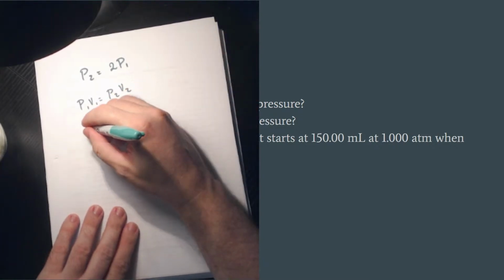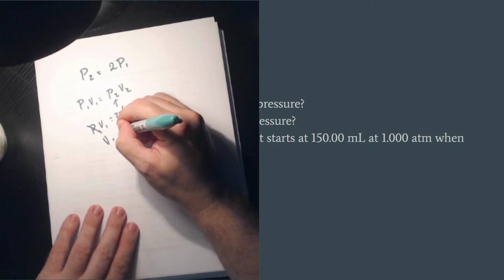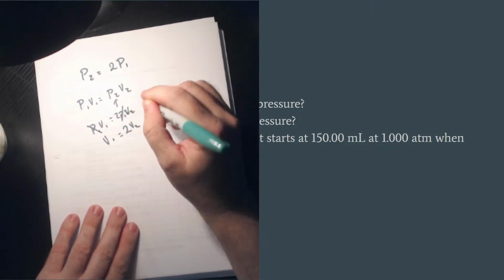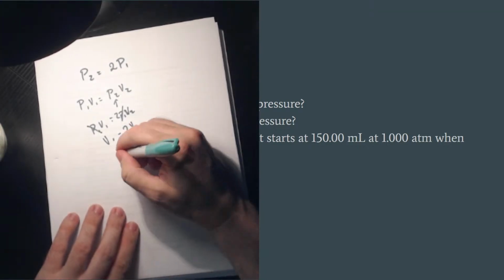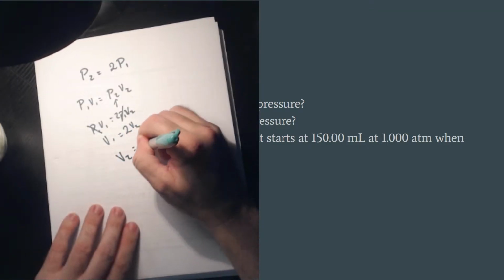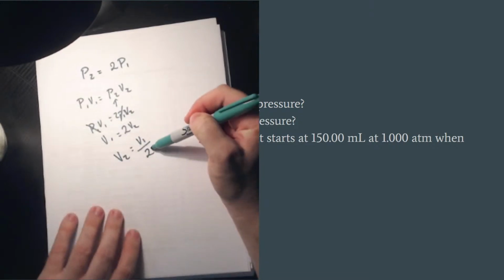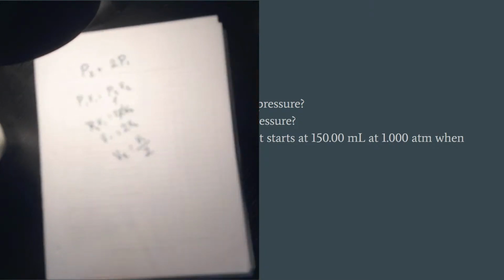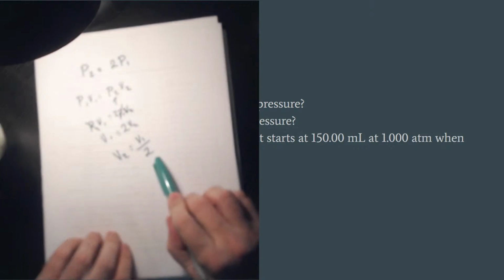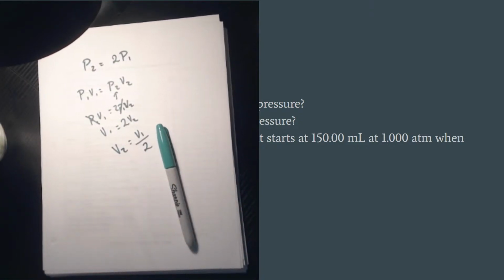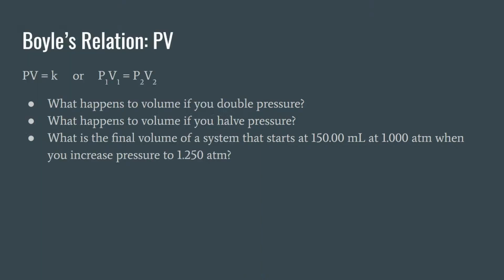Divide both sides by P1, and V1 is equal to 2V2. Or, to put it another way, V2 is equal to V1 over 2. If you double the pressure, you're going to cut the volume in half. If you triple the pressure, you're going to cut the volume down to 1/3. And if you cut the pressure in half, the volume would double.